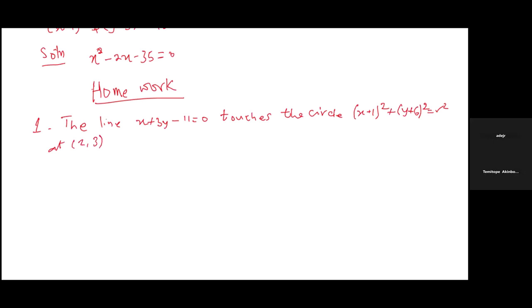So question A now says, find the radius of the circle.